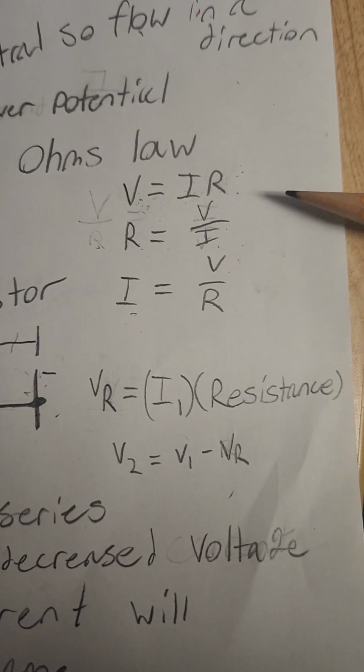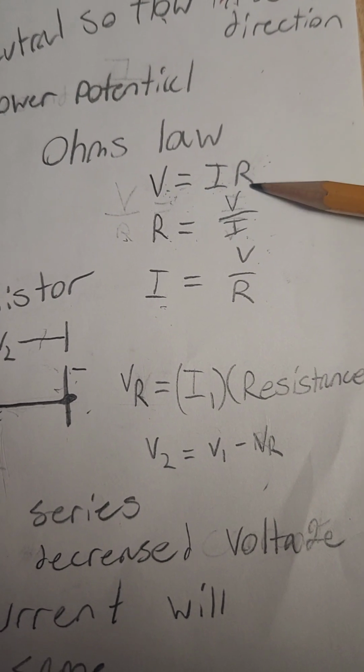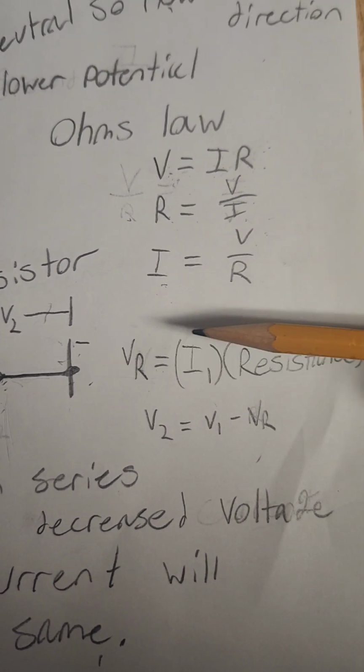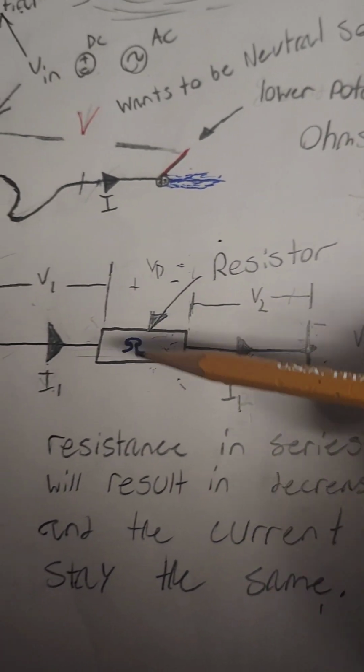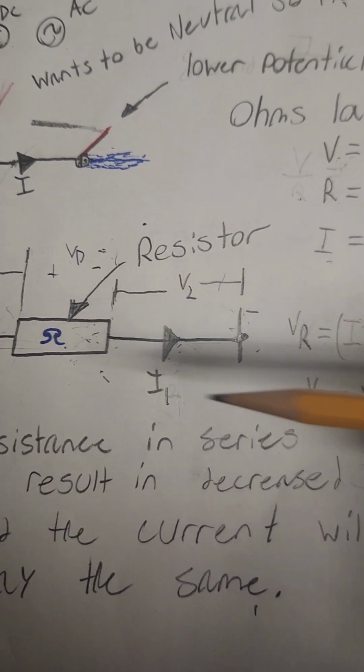And if we come back over here to Ohm's law, we can get this from V is equal to IR. The voltage drop across the resistor is equal to the current times the resistance. Current going in times the resistance is equal to the voltage drop of that resistor.